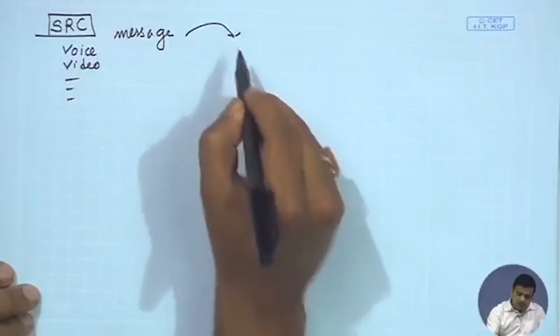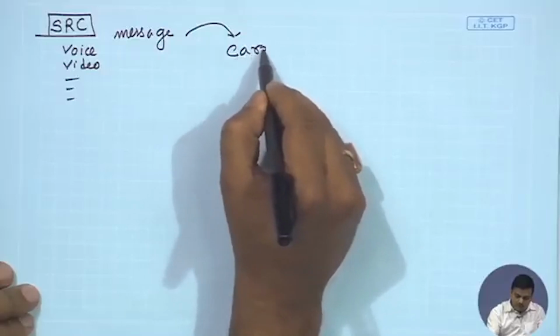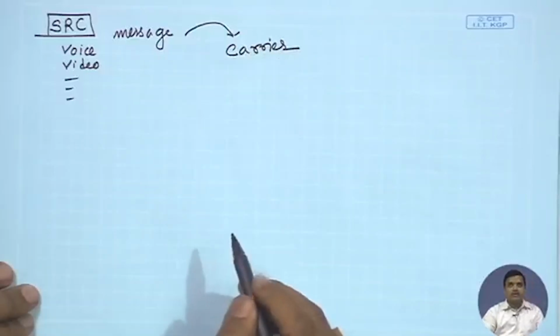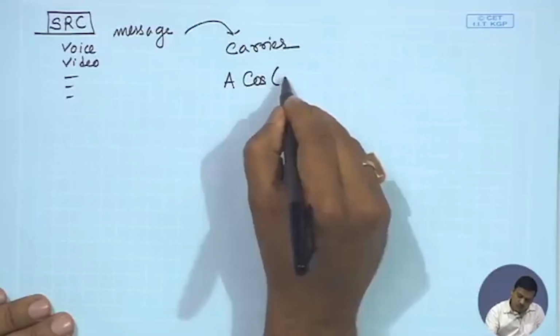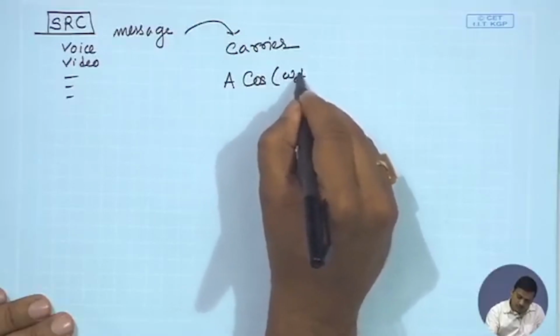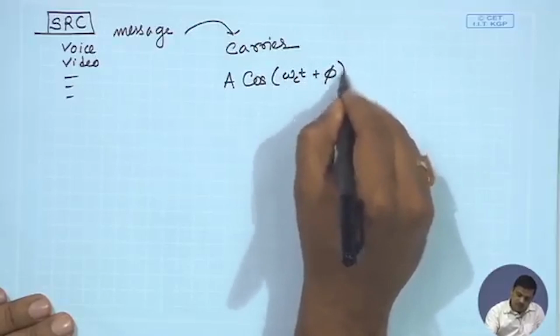that requires to be put onto a carrier. Carrier means it carries, right? So when we say it's a carrier, it has some attributes. What you have studied is that a carrier is typically a sinusoid wave, and you could write it as A cosine of omega c t plus some phase.